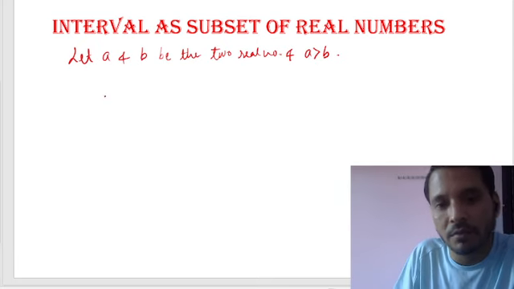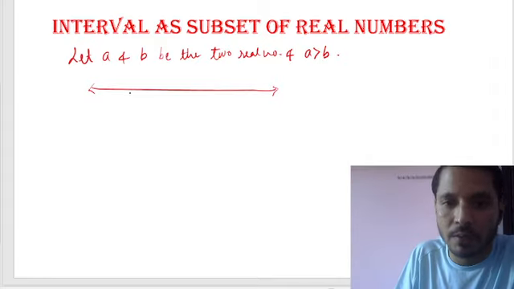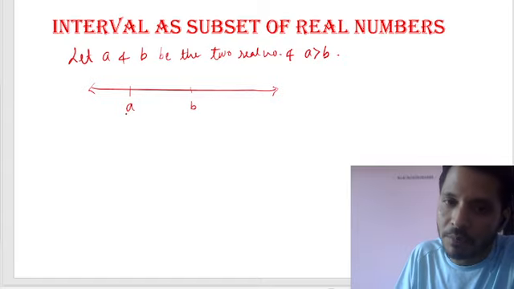Means here, on the number line, if you draw it, we have A and then B. Why am I writing A first?